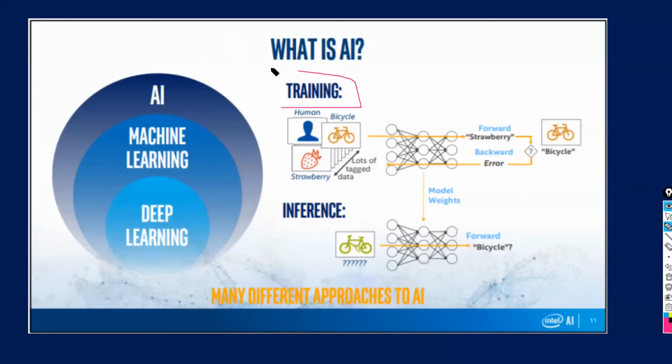We are training a machine learning model with humans, bicycles, and strawberries. We have a lot of tagged or labeled data, and then we use a neural network or a deep learning algorithm to pass it forward and backward to understand what a strawberry looks like, what a bicycle looks like, and what a human looks like.